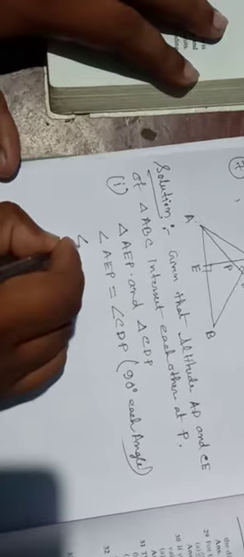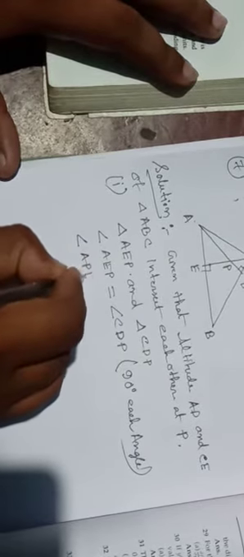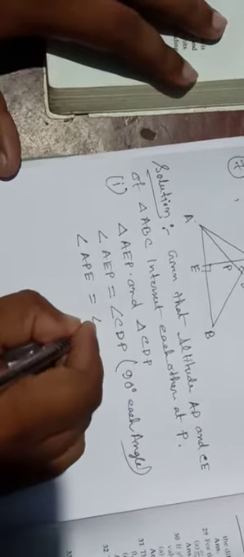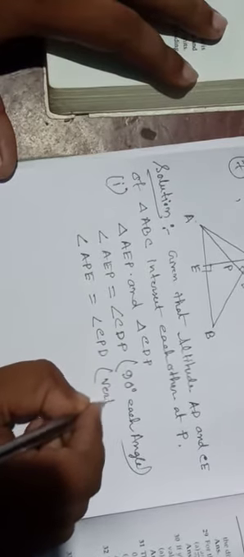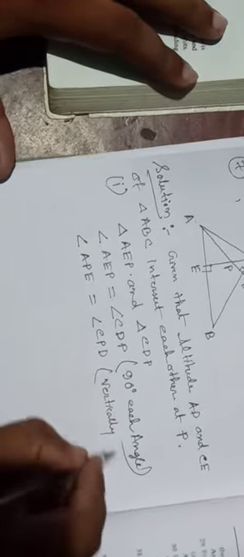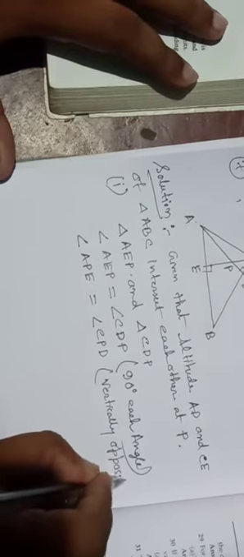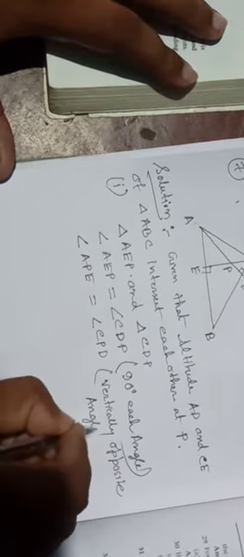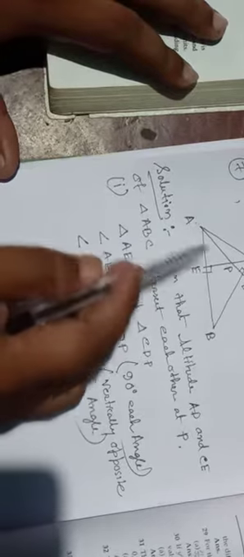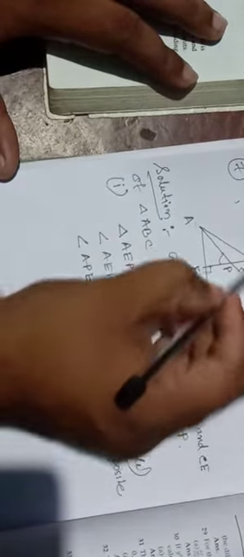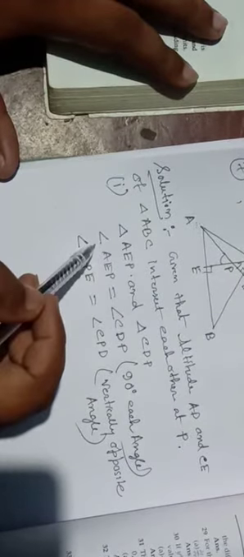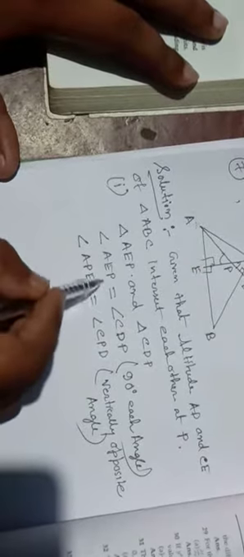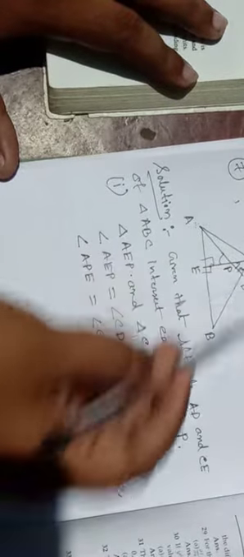Next, angle APE is equal to angle CPD. These are vertically opposite angles. Means this angle will be equal to this angle, and this angle will be equal to this angle.